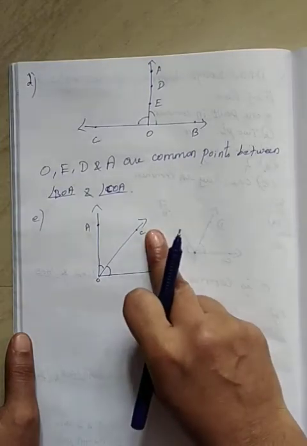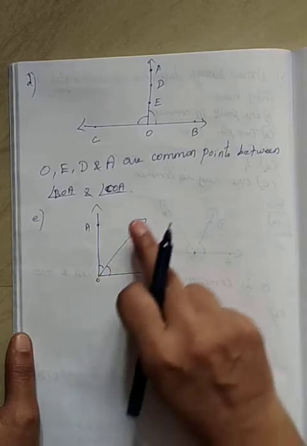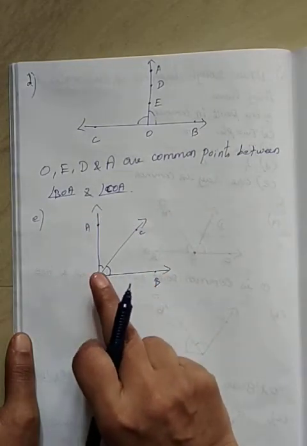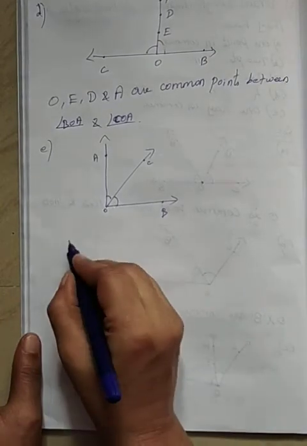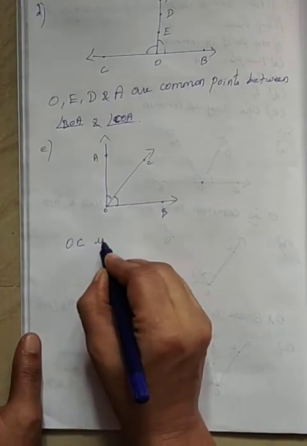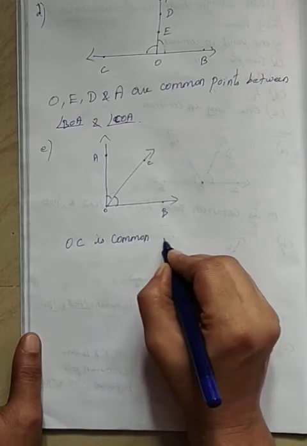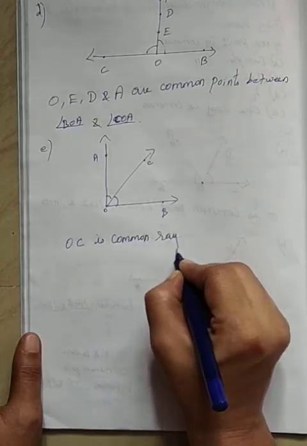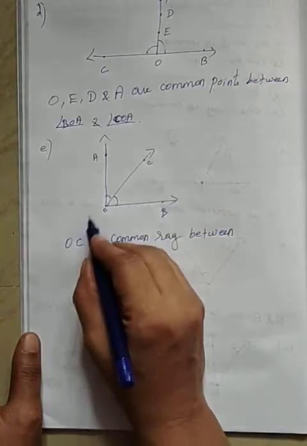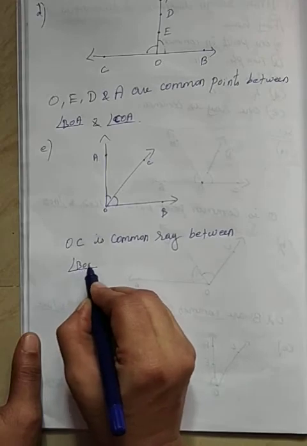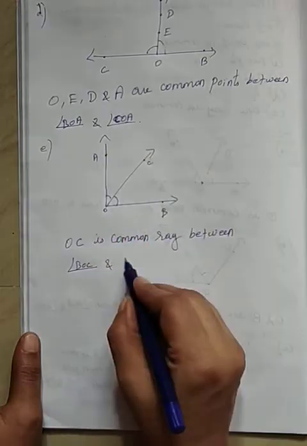So OC is common to the angles. What are they? BOC and AOC. Clear? So we have to write OC is common ray between, see, the angle BOC and the angle AOC.